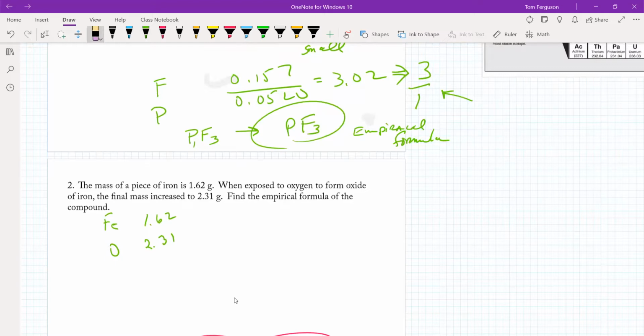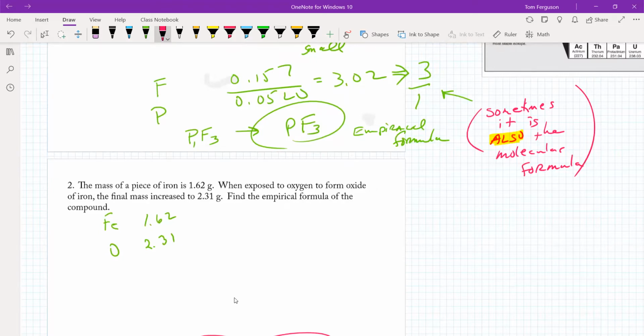Now, sometimes it is also the molecular formula. Sometimes. Okay, so let's go back to this guy here and work this out.